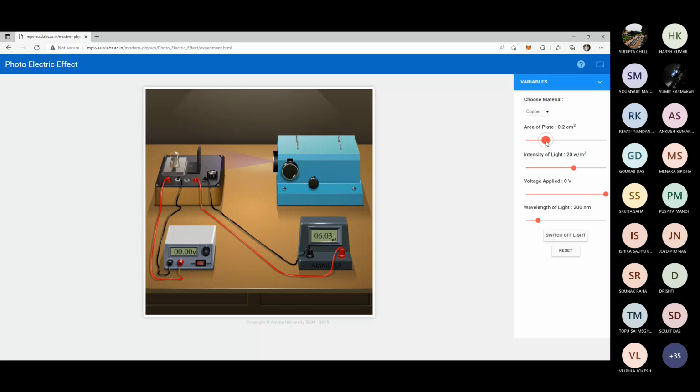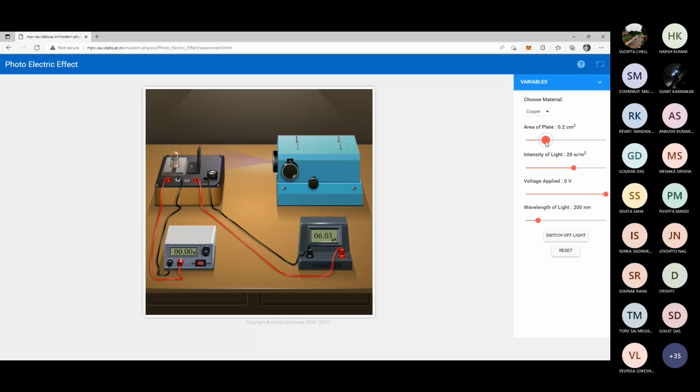Next, you change your wavelength, and again you repeat the voltage and current table. Then you again find out the voltage at which the current is 0. That is the stopping potential, and that particular wavelength is another set of data for the graph, right?